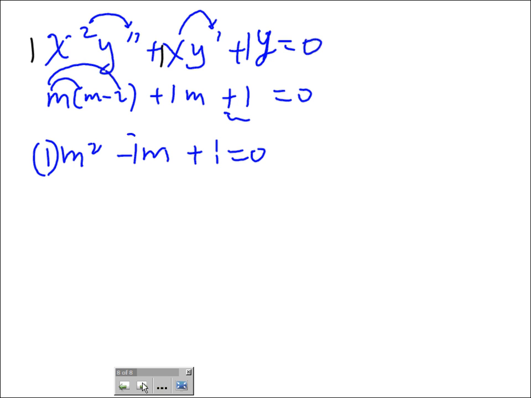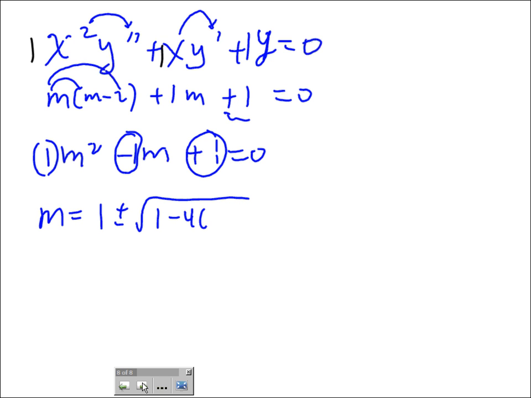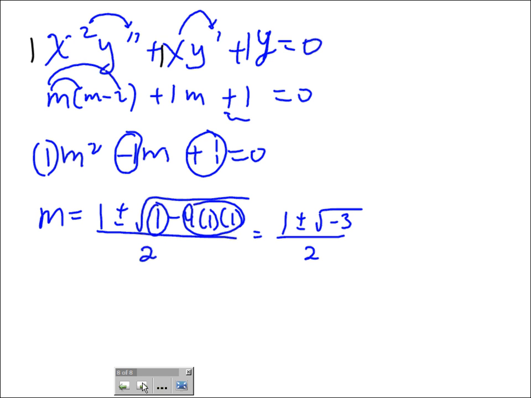That's A, that's B, and that's C. So m is equal to negative b, which will be plus 1, plus or minus the square root of b squared minus 4 times a times c, all over 2 times 1, which is 2. So you get 1 plus or minus, that's 1, and that's 4. 1 minus 4 is negative 3 over 2.